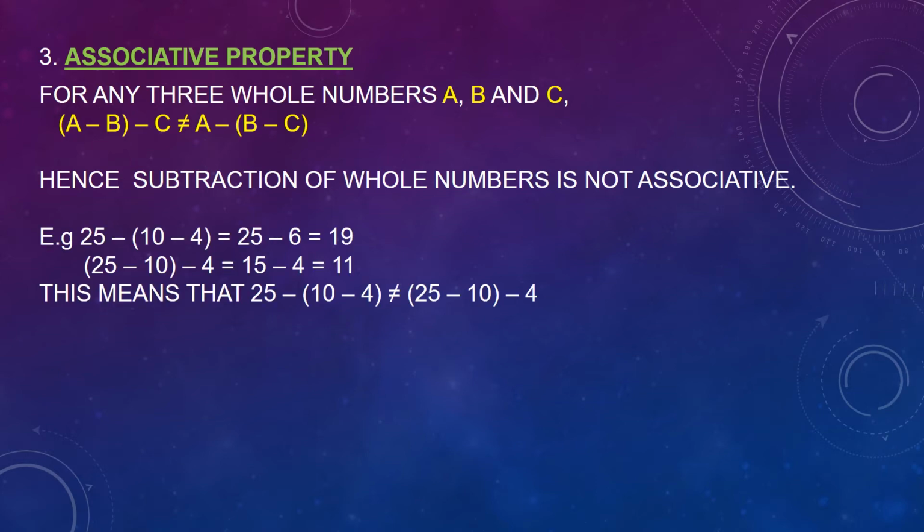Example, 25 minus (10 minus 4), which is equal to 25 minus 6, which is equal to 19. Now, the other grouping is (25 minus 10) minus 4, which is equal to 15 minus 4, which is equal to 11. So 19 is not equal to 11. Therefore, associative property is not applicable for subtraction.